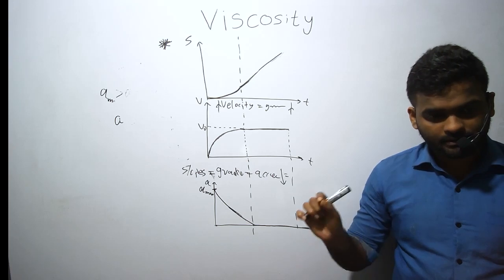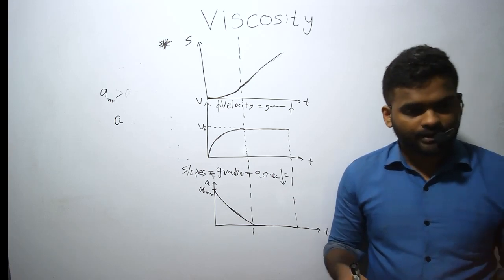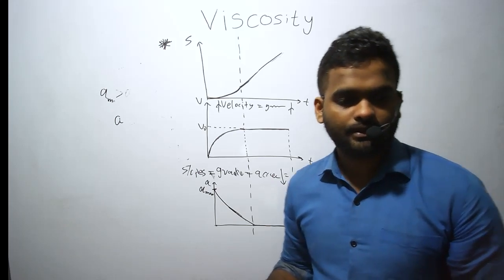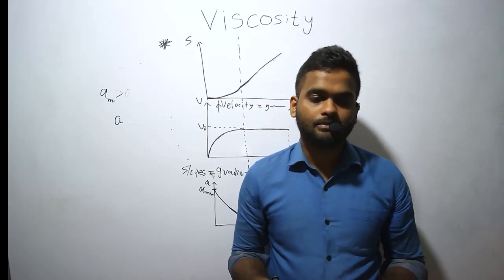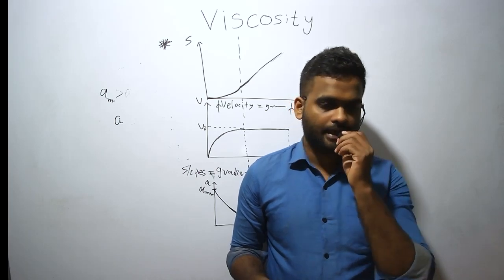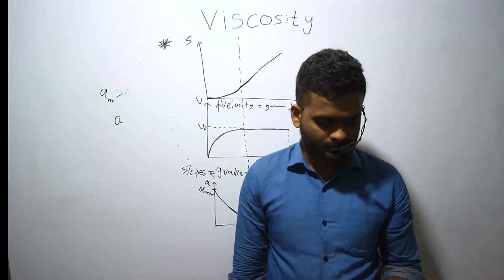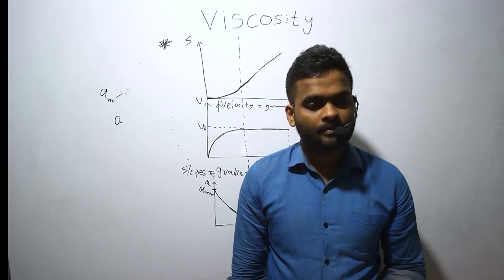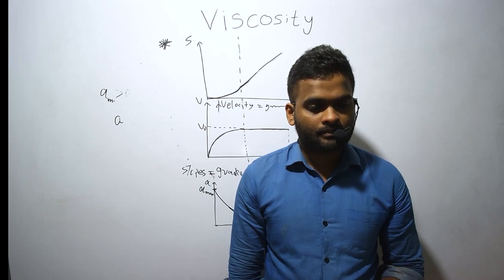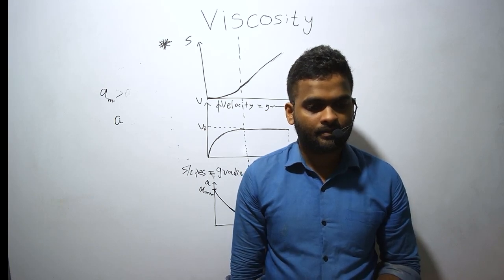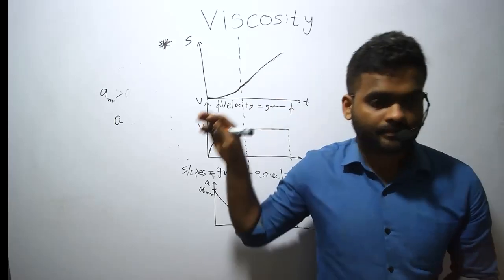Full stop. Same line. After reaching V naught, gradient becomes constant. Okay, so that is in front of ST.